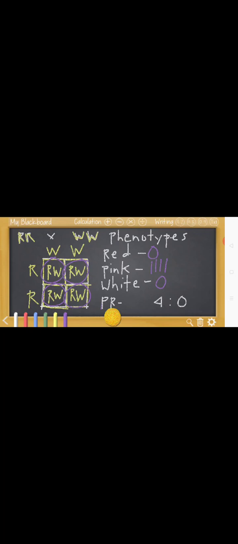Now let us determine the genotypes of this cross. So for the genotype, we have RR, we have RW, and we have WW.